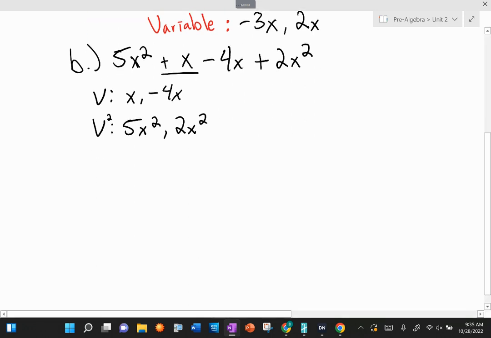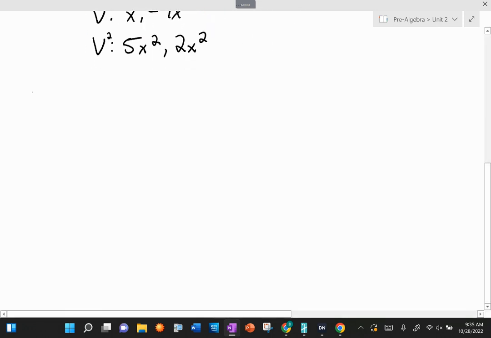So now, after combining like terms, we're going to simplify.